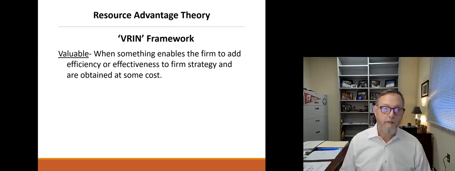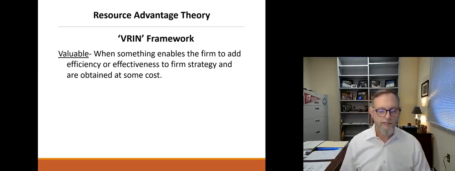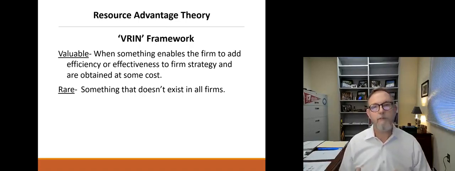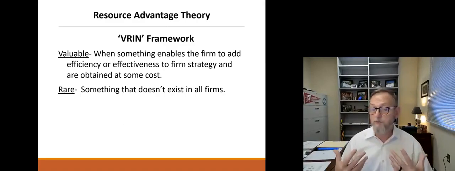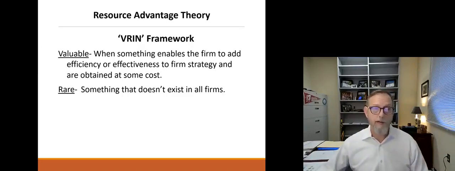You had to forego other things with your money, time, and effort to obtain it. So the resource has some type of value in that sense. Okay, so that's the V. Okay, rare. The item that you're focused on has to be in limited supply. So it can't be something that's ubiquitous. In other words, it's everywhere.